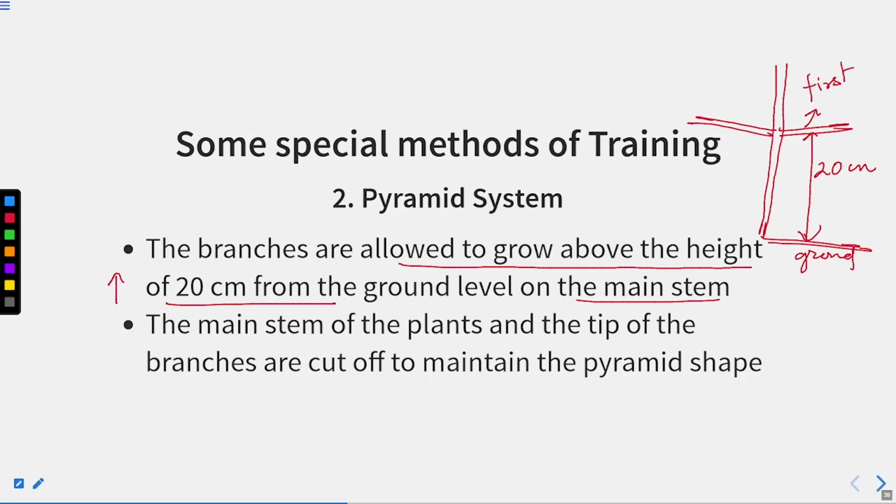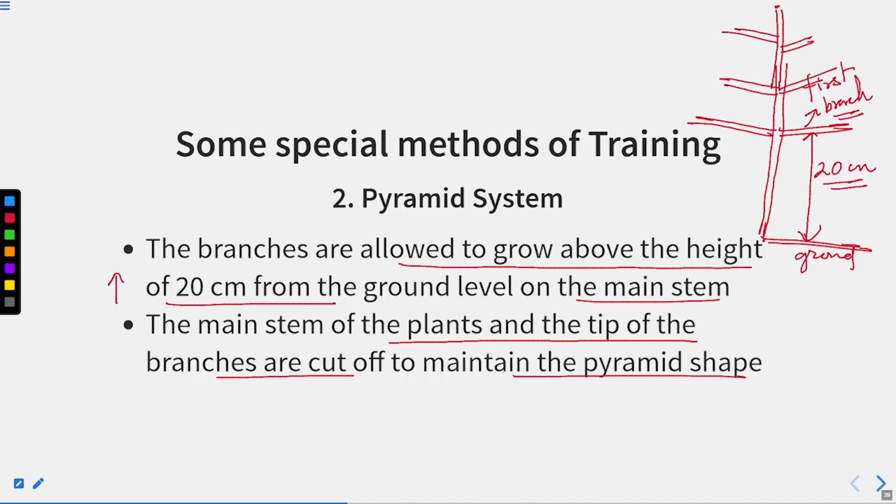The distance between the first branch and the ground level, 20 centimeters, is maintained, and the main stem of the plant and the tip of the branches are cut off to maintain the pyramid, right? When it gives rise to smaller branches, these are cut so that it can attain the shape of a pyramid.